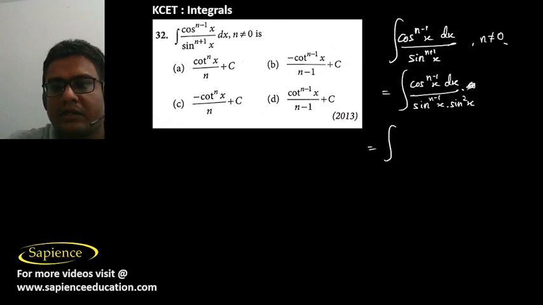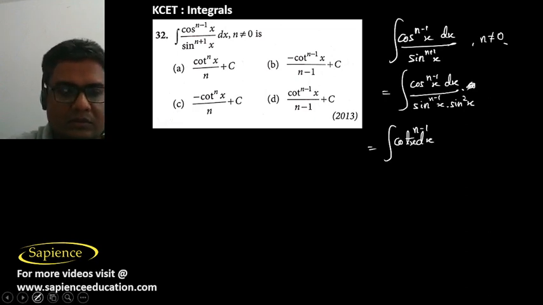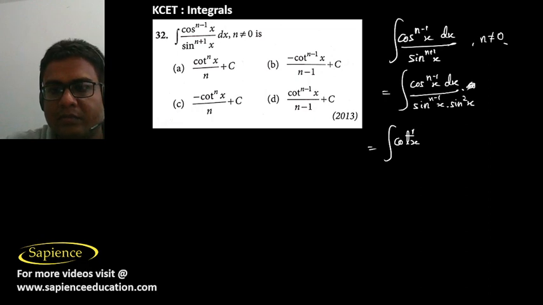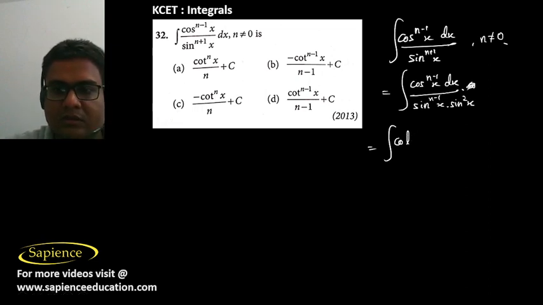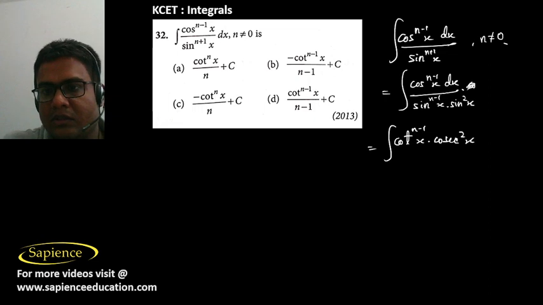So this we can write, cos by sine is cot, so cot power n minus 1 x into cosec square x into dx.